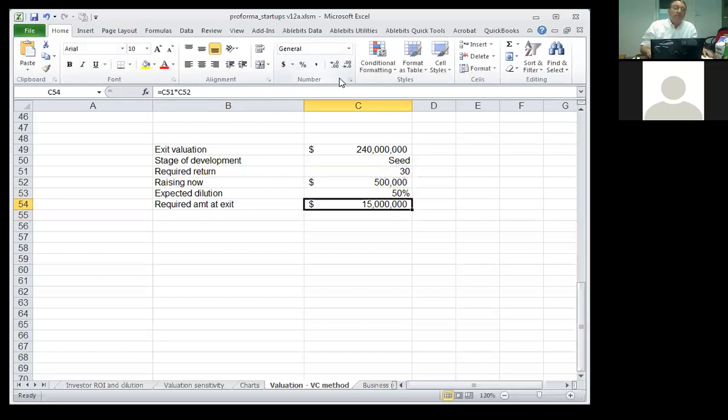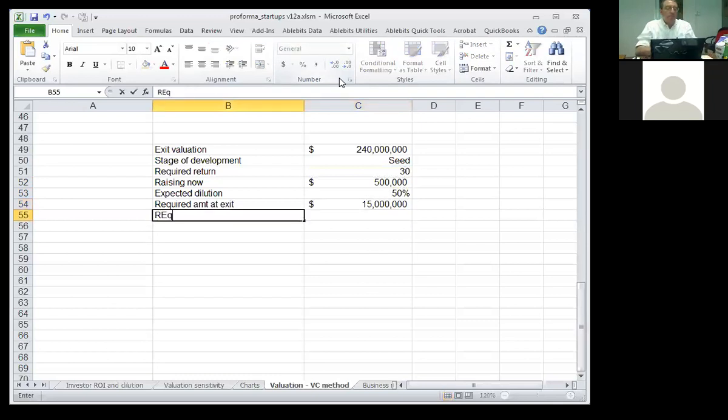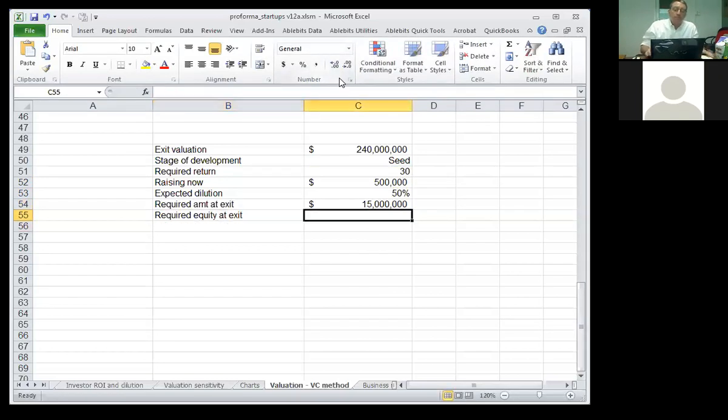So I need 15 million at exit, correct? And that means, how much equity do I need at exit? So I need 6.25% at exit, right?